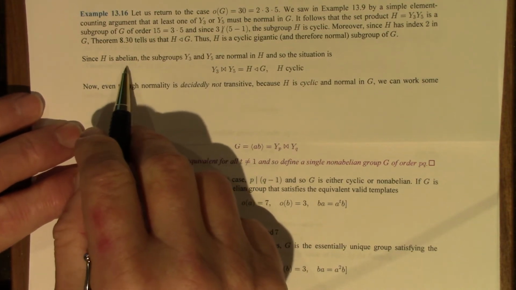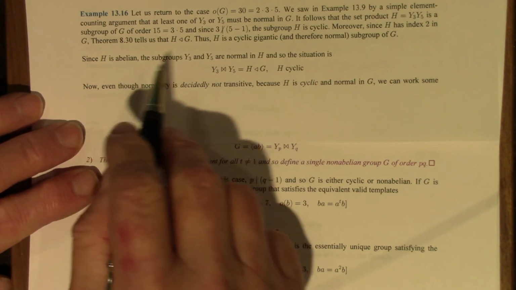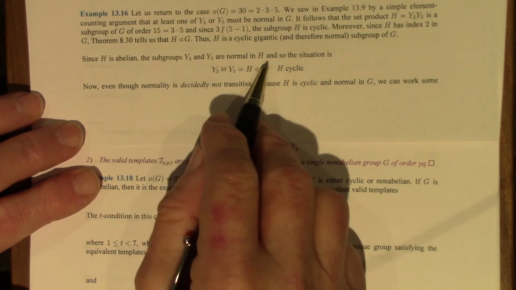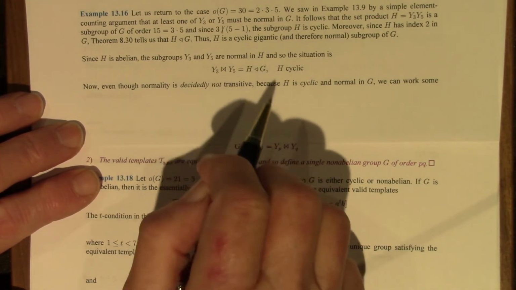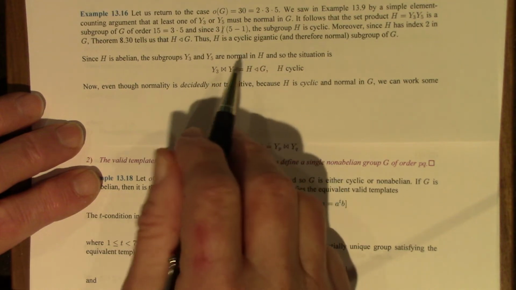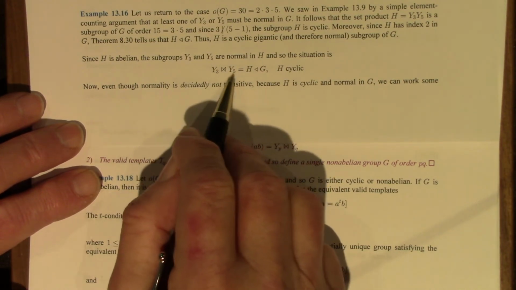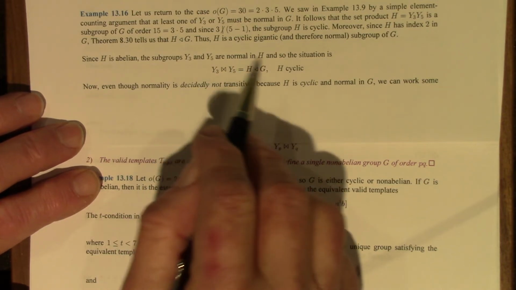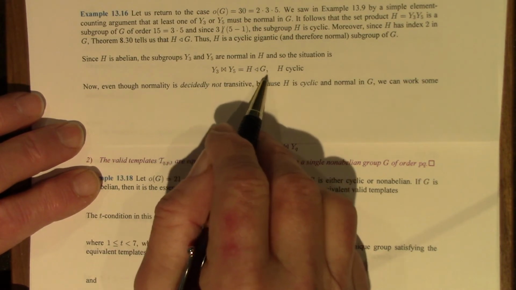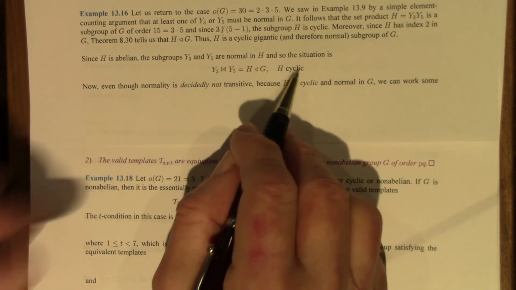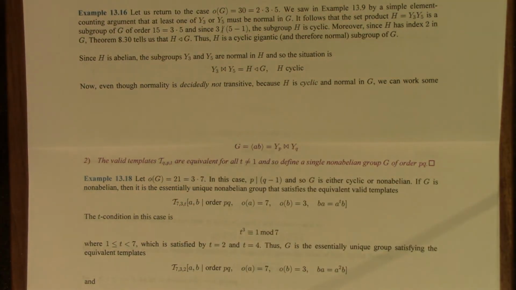Since H is abelian, being cyclic, these two subgroups of H are normal in H. So this is the situation. H is the direct product of these two normal subgroups, and H itself is normal in G, and H is cyclic. Now, there's a lot going on here.